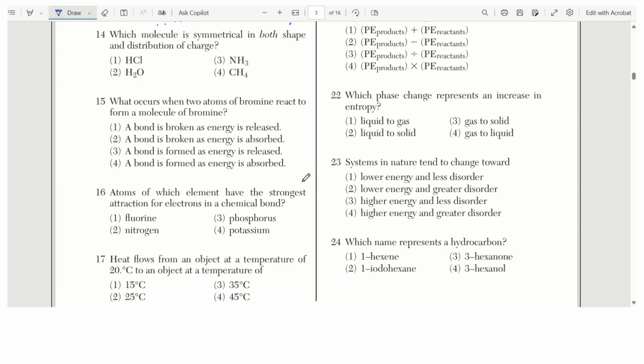Number 14, which molecule is symmetrical in both shape and distribution of charge? So this means we are looking for something non-polar. So the atoms are arranged equally around a central atom typically, and that means the charge is distributed evenly.